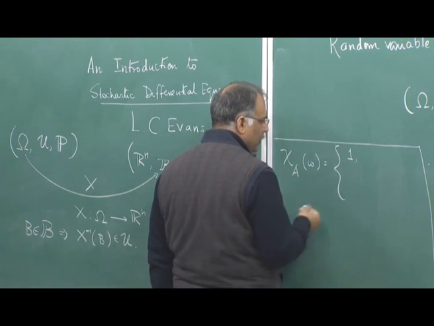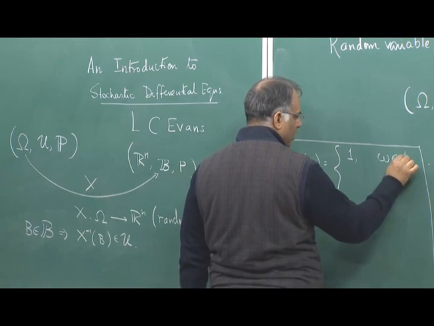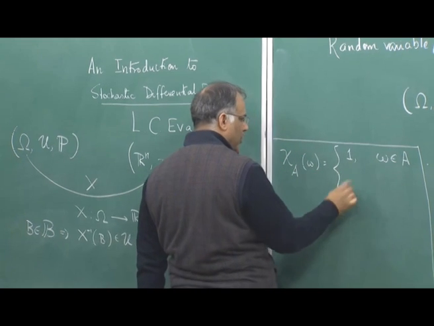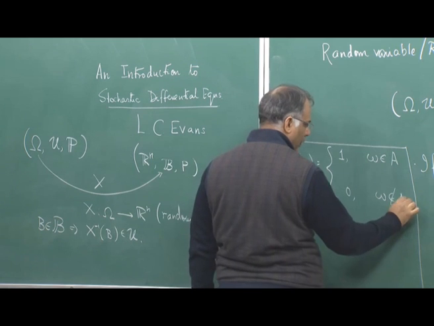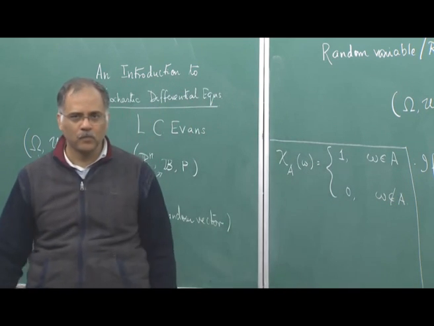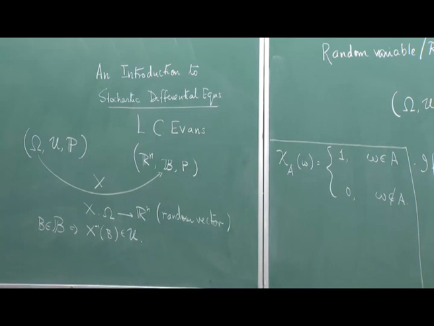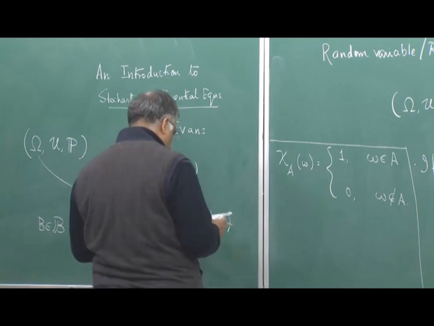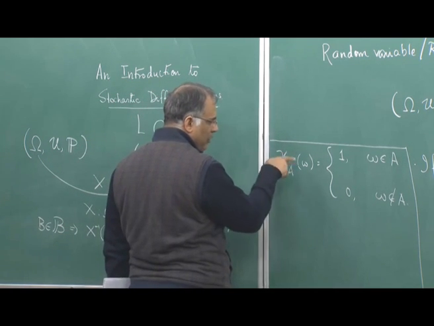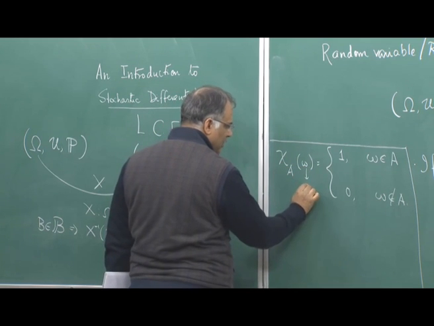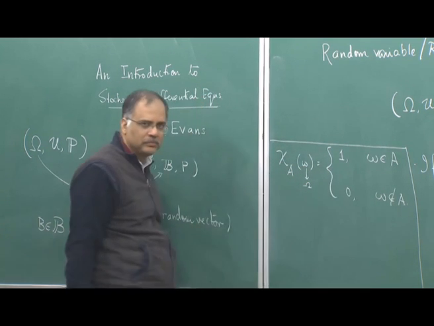This is just a set indicator function which says that if omega is in A, you mark it 1, you mark it 0 if omega is not in A. Now, once that is done, how do I guarantee that this is a random variable? I say chi A is a random variable. So, I am taking each omega from this and making this definition.